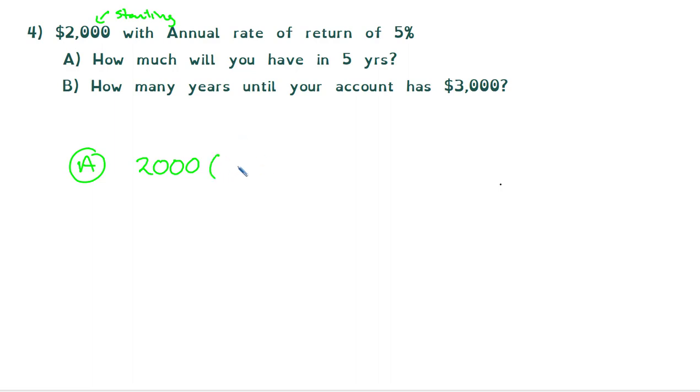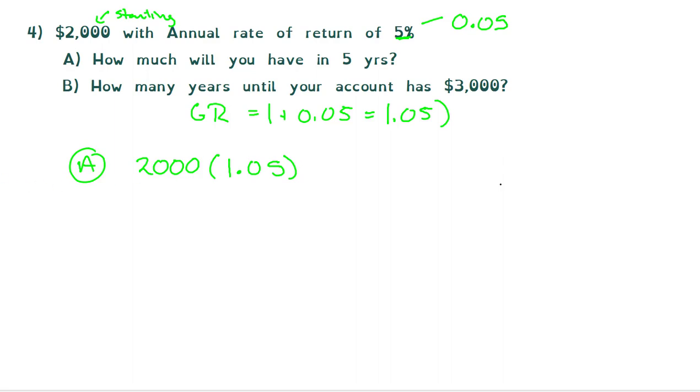Times, I need to figure out what my growth rate is, because my annual rate of return is 5%. So convert this over into a decimal and then add it to 1. So your growth rate would be 1 plus 0.05, which is 1.05. And that's what goes right here.